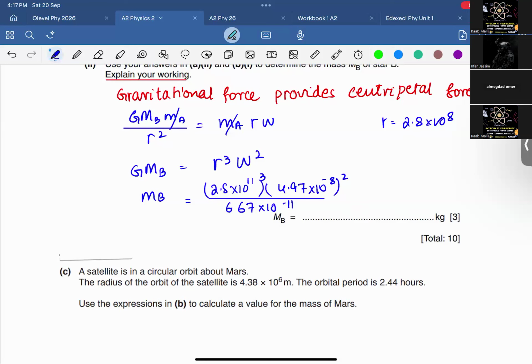For the gravitational force, the distance is going to be center to center, and for the centripetal force, the distance is going to be the whole thing, 2.8 exponent 11, minus d, and then omega squared.